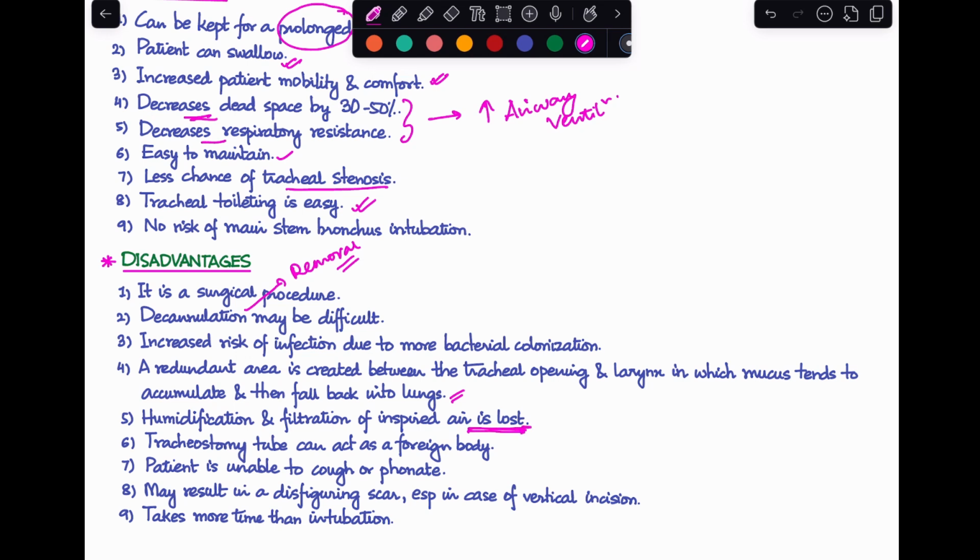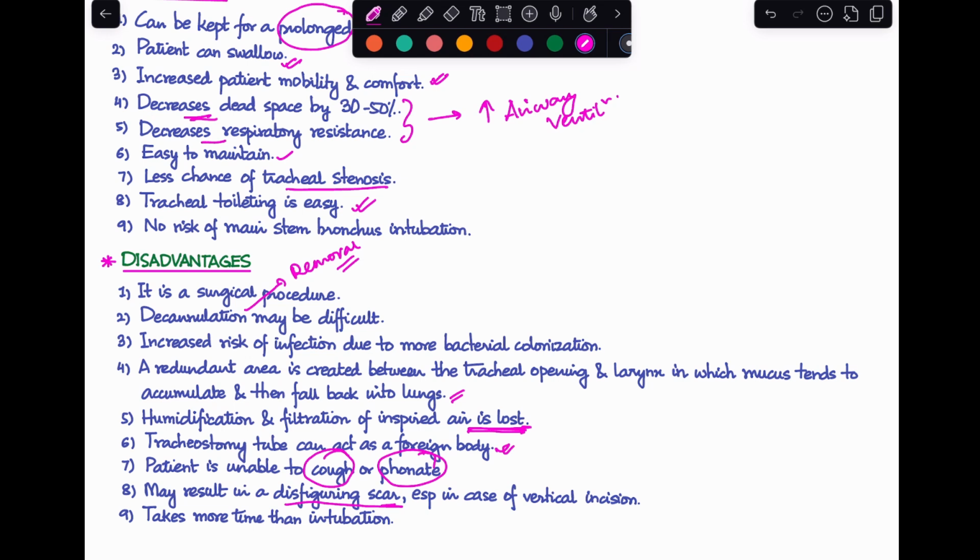That will be lost. So that is also a disadvantage here. Next is the tracheostomy tube can act as a foreign body itself. Here, the patient is not able to cough or phonate, and the procedure itself may end up in a disfiguring scar, especially if a vertical incision has been used. And lastly, it takes more time than intubation.